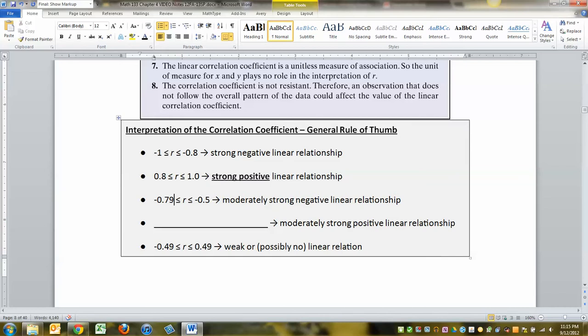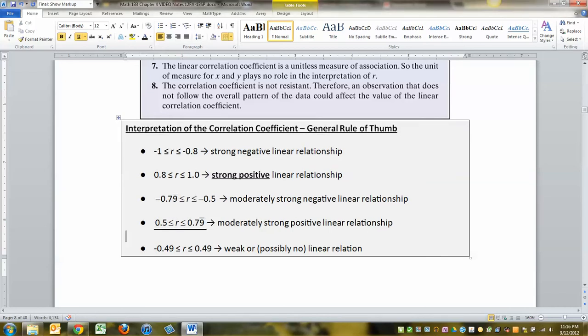Matter of fact, hold on one second. Let me put a little repeater bar over there. There we go. So -0.79 up to -0.5, we're going to call a moderate, actually again, moderately strong or just moderate. Moderate gets used a lot. Or moderate negative linear relationship.